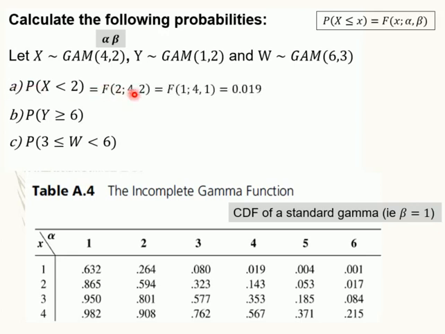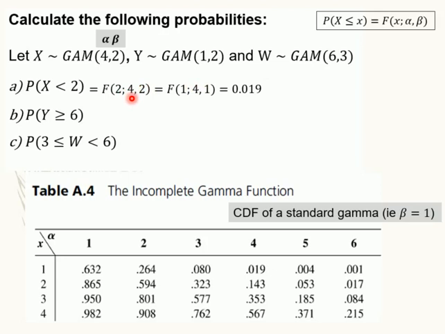So this is using the textbook notation here. Before I go to the next line, instead of just having one parameter, they have both of them because it's a non-standard gamma. So that's all that it means. Everything after the semicolon is just your parameters.